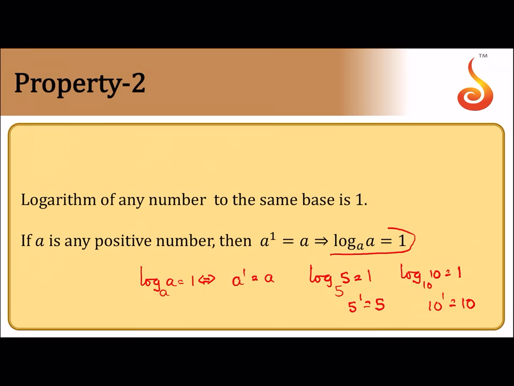So clearly, 5 to the power 1 equal to 5, 10 to the power 1 equal to 10. So log base a of a is always 1. Obviously, as I told you, a must be greater than 0, a is not equal to 1. We never take base of a logarithm as 1.